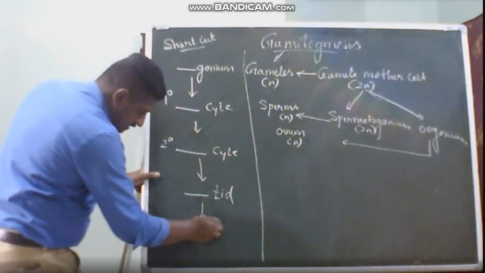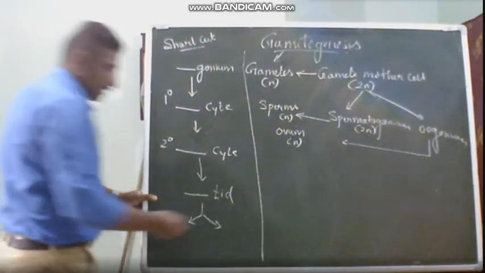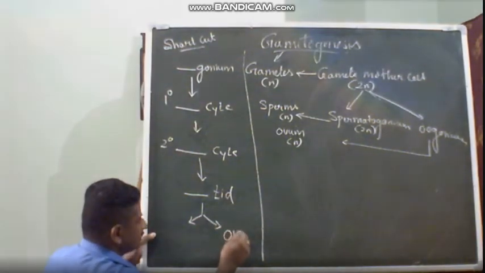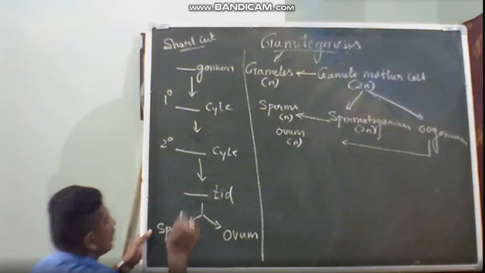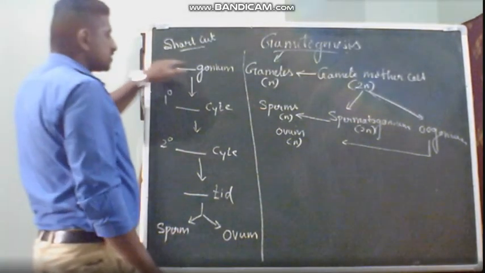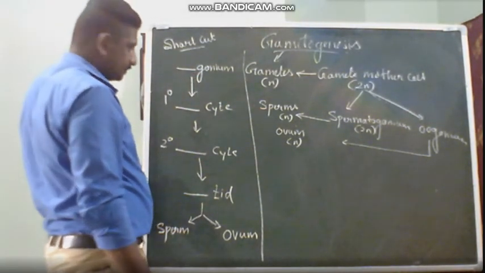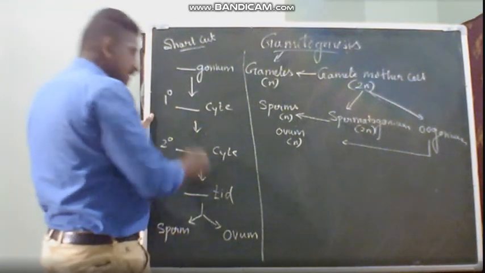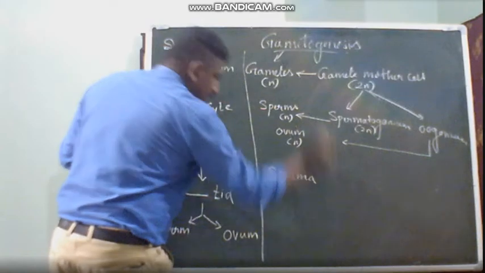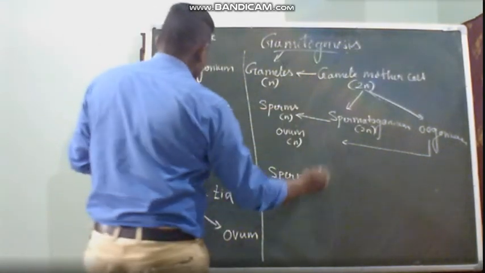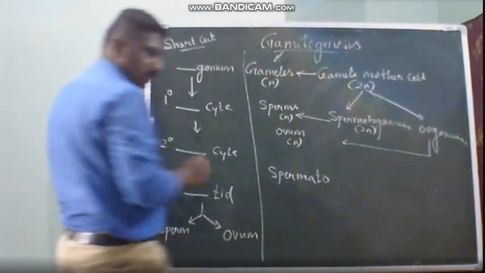Afterwards, just divide the term into two: one is sperm and the other is ovum. So here you use the term spermato.